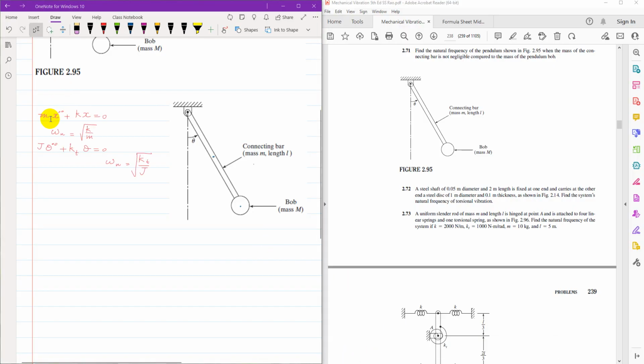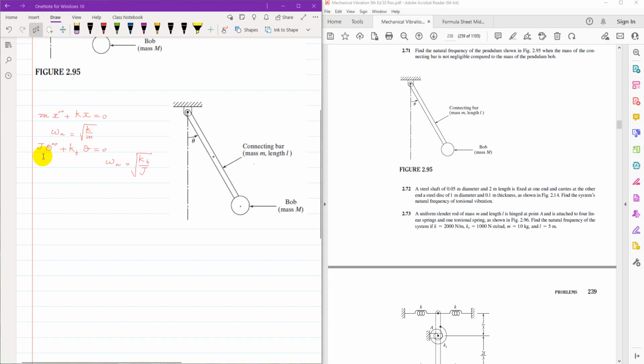For an undamped translational spring mass system, the equation of motion will be m x double dot plus k x equals 0. So the natural frequency is the coefficient of displacement divided by the coefficient of acceleration.